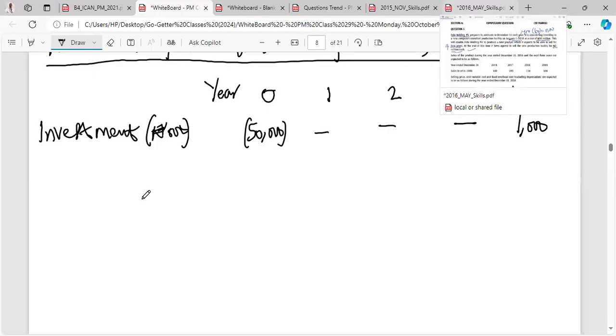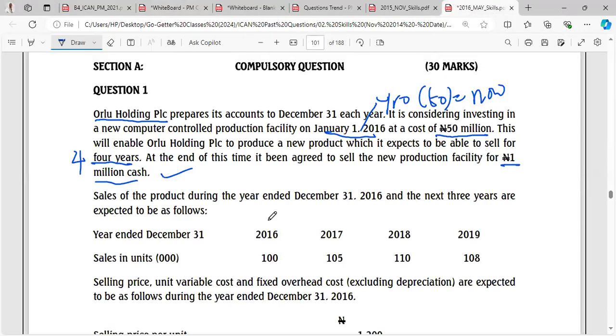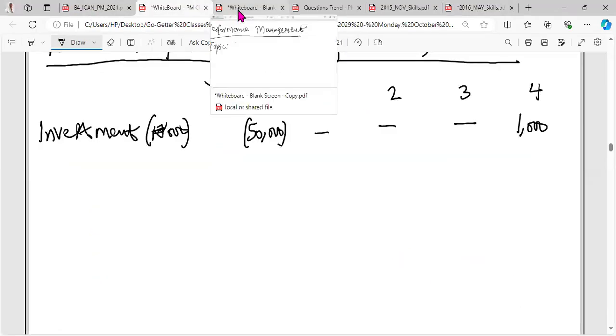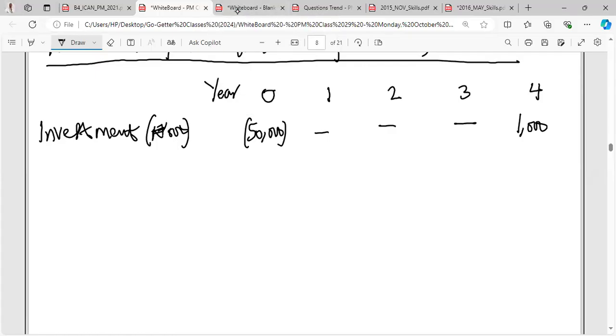We now have sales units. I will just put the sales revenue on top, and I'll do that by workings.